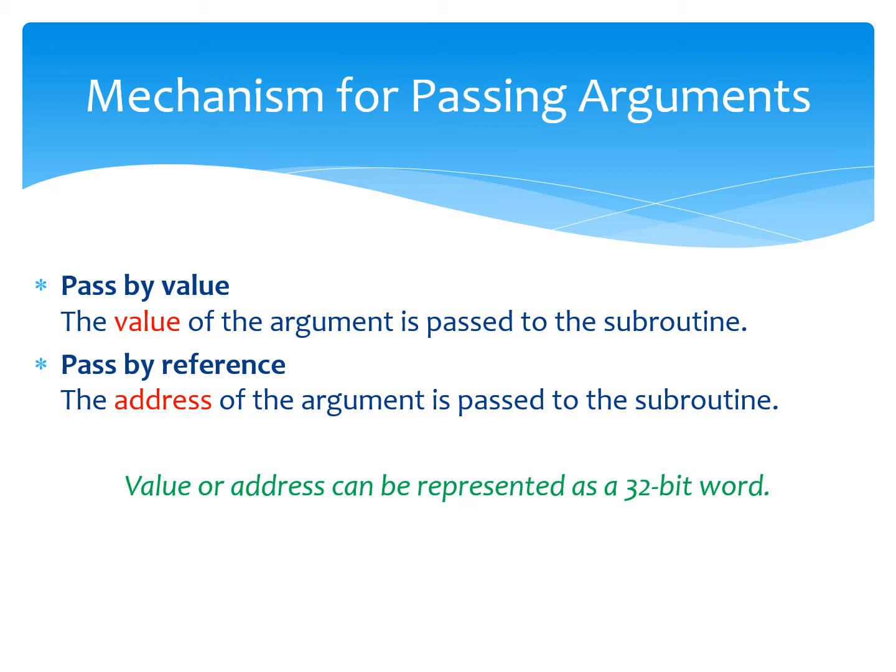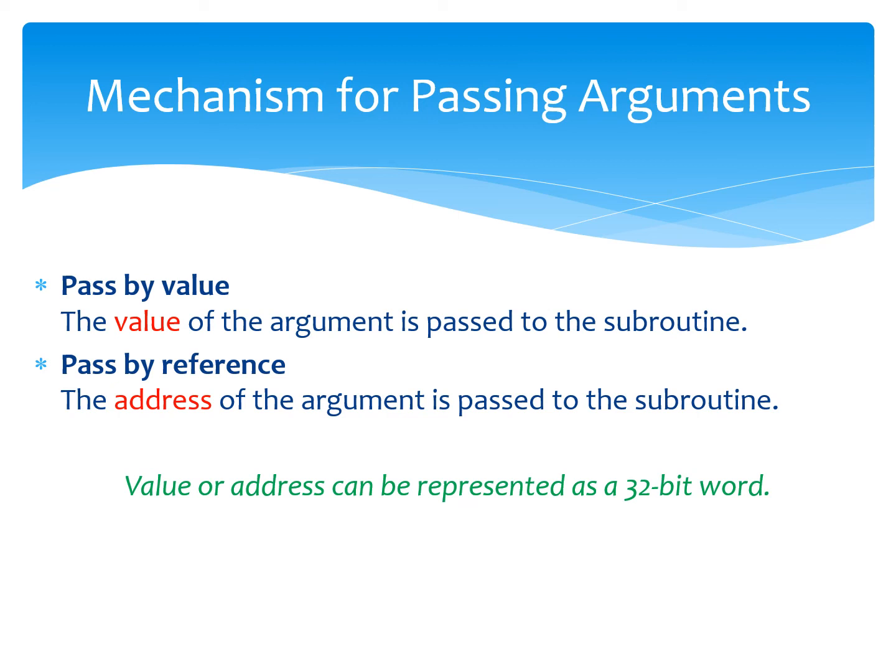Pass by reference indicates the memory address of the value is passed to the subroutine so that the subroutine works on the memory address directly. Pass by reference can be considered as sending the original document to the subroutine so that the subroutine works on the original document.